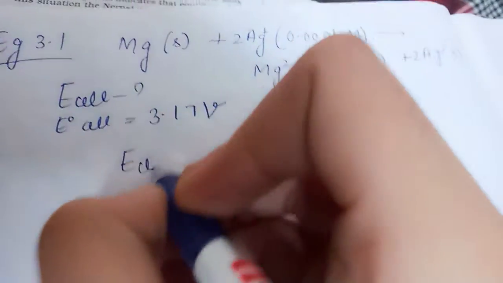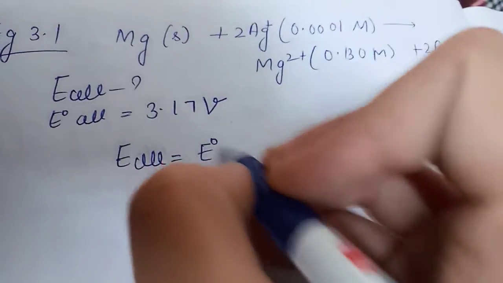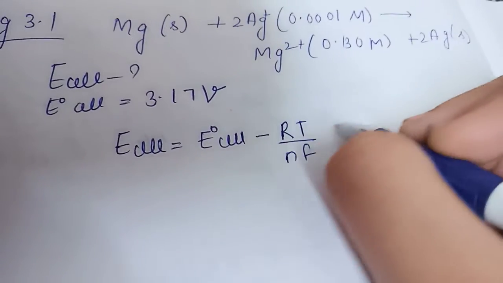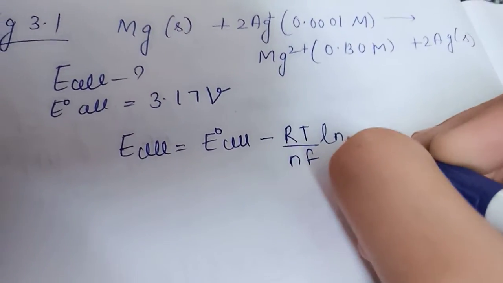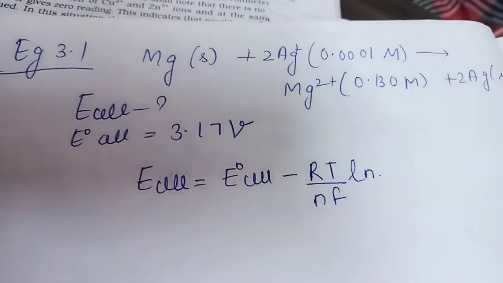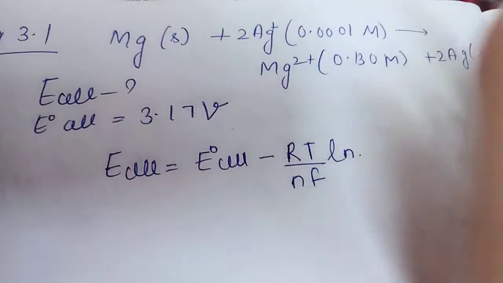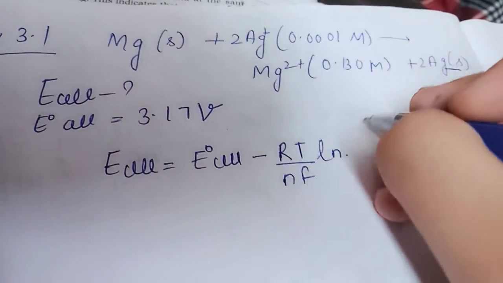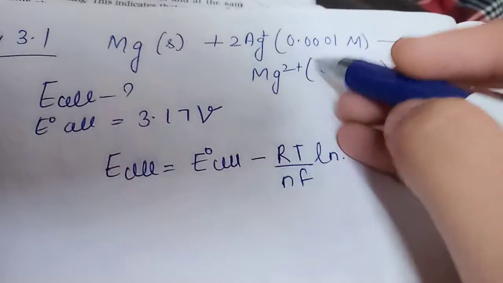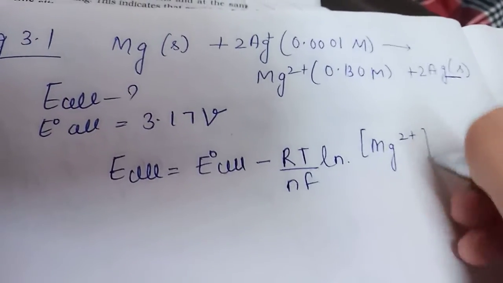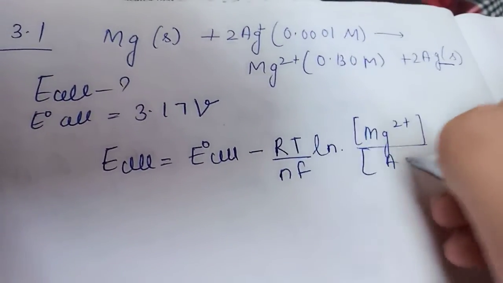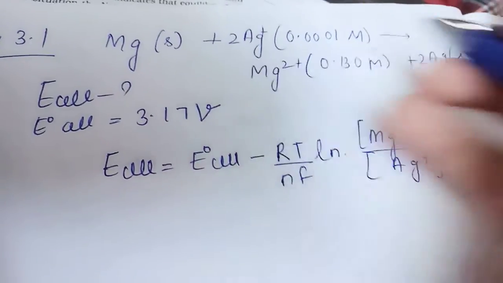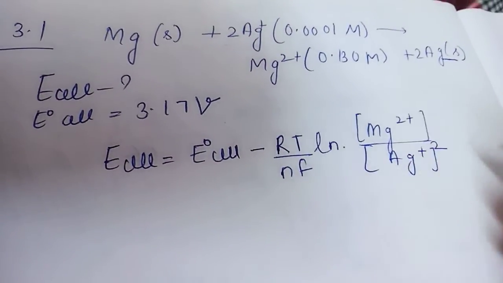So E cell is equal to E naught cell minus RT by nF, you can write it as log, ln or log. Now solids are taken as 1, so we didn't write them. We will just write the product side above and the reactant side down. Ag plus has coefficient 2, so we will write 2 as its power.